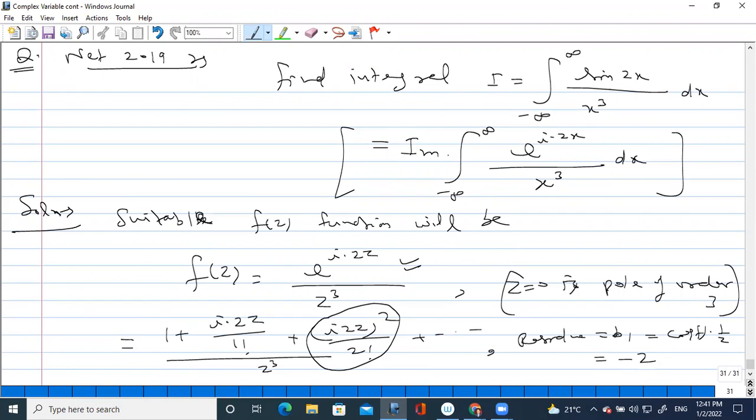But you have to mind what is your pole. z equal to 0 is the pole, and the pole is on the real axis. So what formula you have to use? Pi i into R. That will be the formula. Done? Yes, sir.